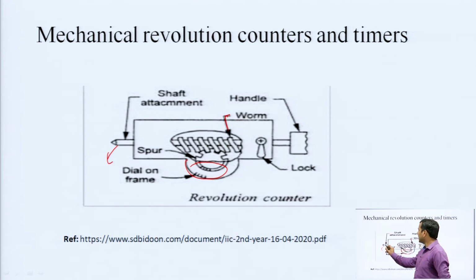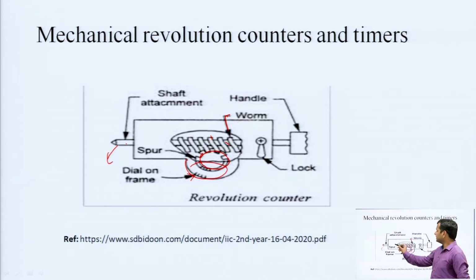So, when our shaft rotates with respect to the speed of that shaft, the worm also rotates, and when the worm rotates, the spur dial connected with it also rotates, and we get the reading on the dial on the frame.